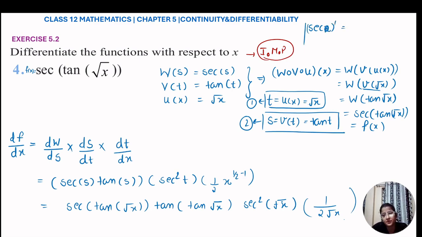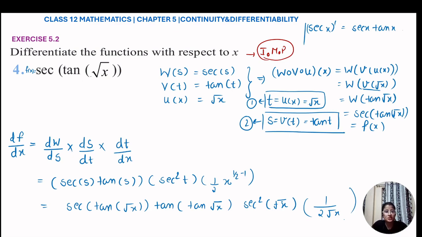If you are confused with the theta and x, I will make my variable as x only. So you know that sec x differentiation is nothing but sec x tan x. So now what we have to do? Differentiating the outer function sec, put your inside value as it is. So it will be sec with inside value this, then sec x tan x, right? So tan with inside value this.